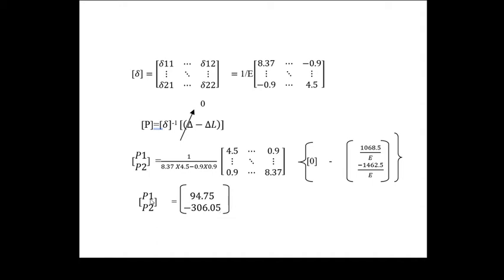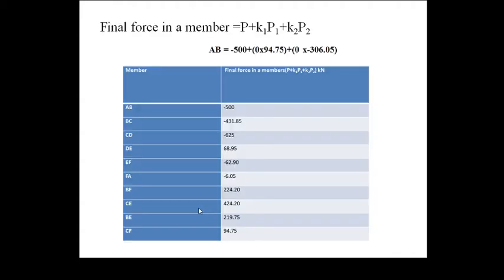This is the value of P1, P2, the forces in the members due to the redundants. Then how to calculate the final force in a member? It equals P plus K1 P1 plus K2 P2. Here K1 is the unit load applied in direction 1, and K2 is the unit load applied in direction 2 on each member.